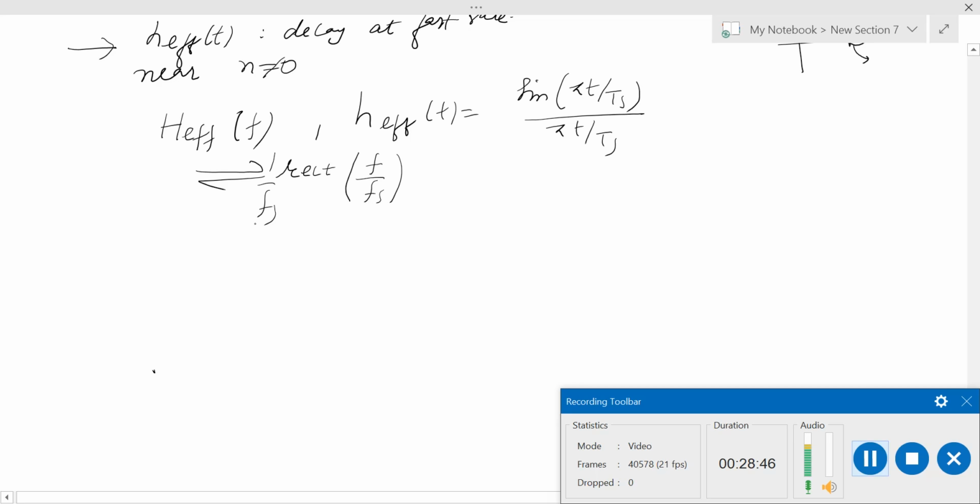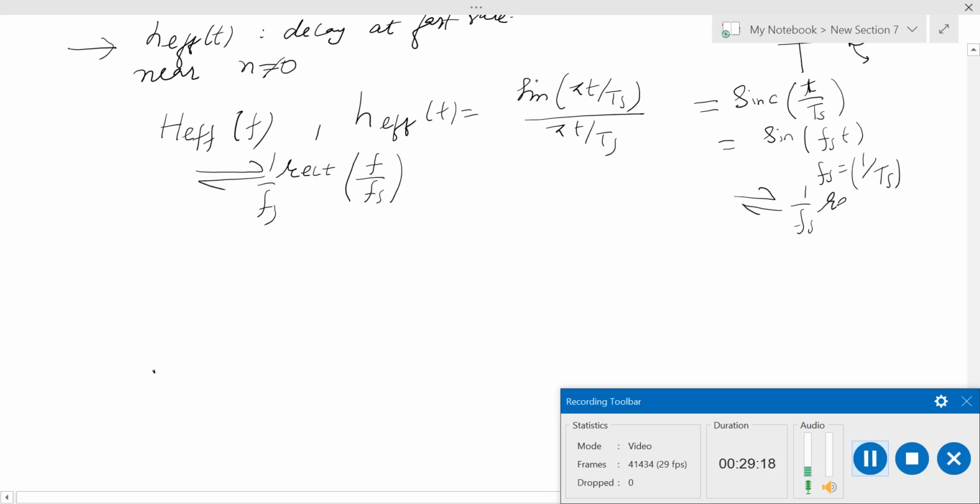You can easily check. Actually, you can write this as sinc of fs t, where fs is equal to 1 by Ts. Then you know the formula: its Fourier transform is 1 over fs times the rectangular function of f by fs.